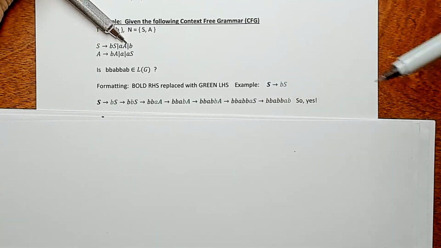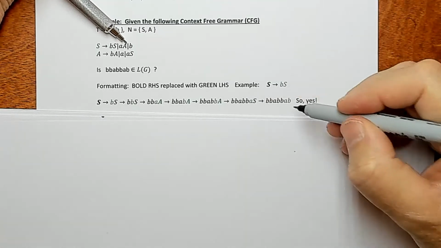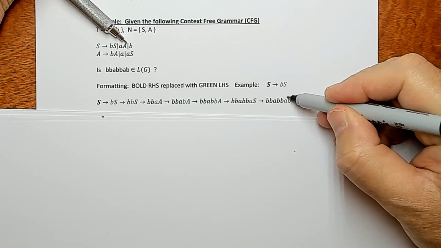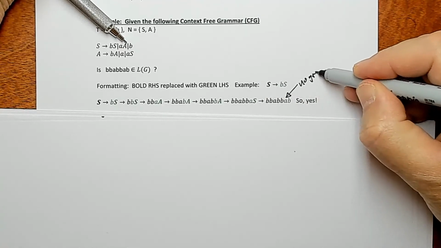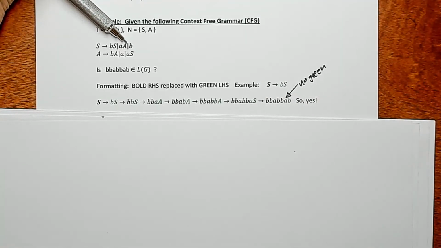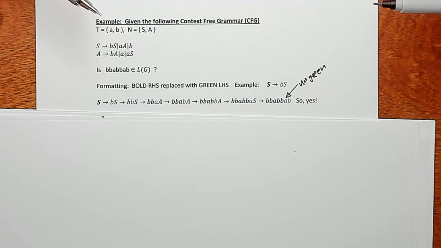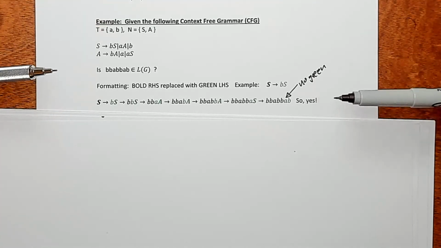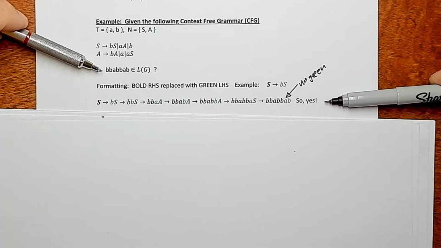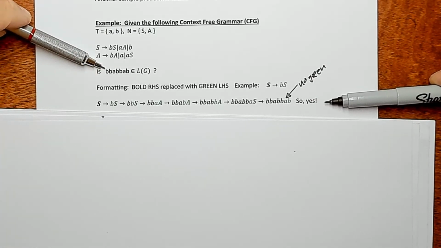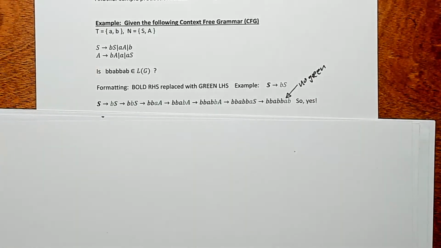Yeah, this shouldn't be green. No green. I've got to go fix that in the notes. Anyway, that's one context-free grammar and a series of productions to answer the question, is this a valid string? And it is a valid string.